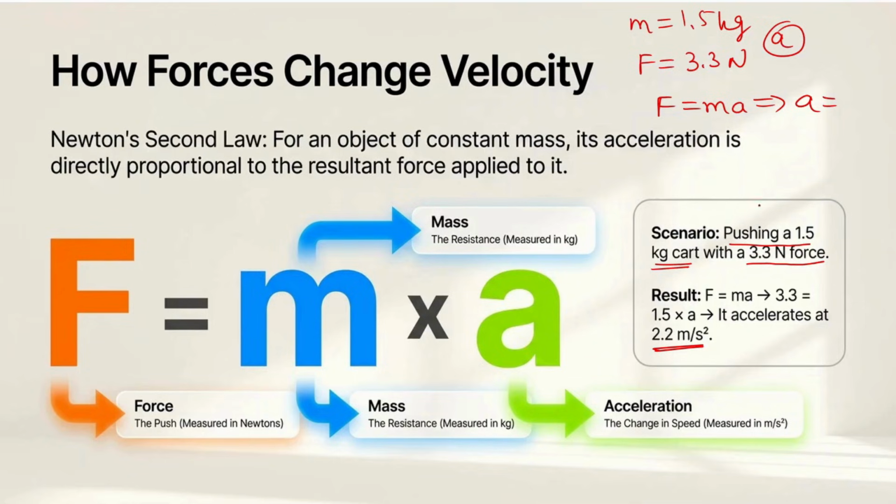Now you can easily understand: what is the cause of a? Here the cause of the acceleration is force. The velocity is changing because a is there. Why is a there? Because of the force acting on the body, some kind of force it is experiencing.